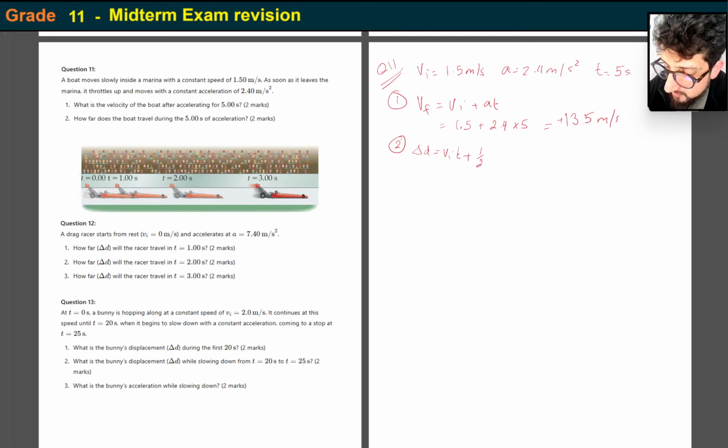Half at squared. Now, the reason why we're using this is because we literally have everything we need. So they're looking for the distance, right? Because it says how far. How far means distance. And so that's going to equal 1.5 multiplied by 5 plus half times 2.4 times 5 squared.